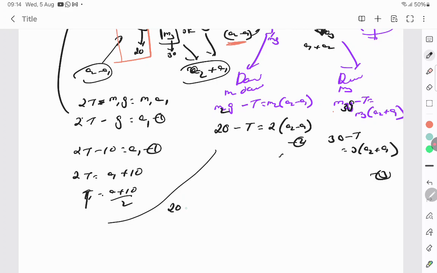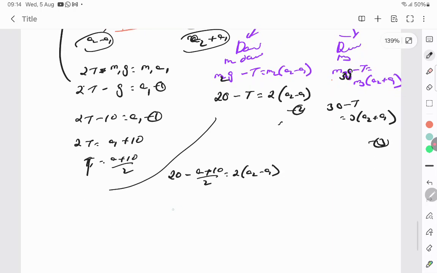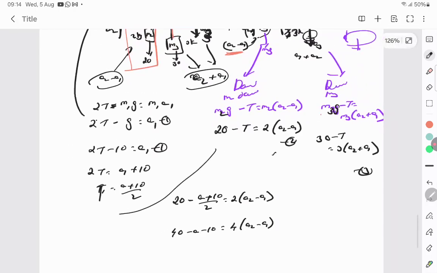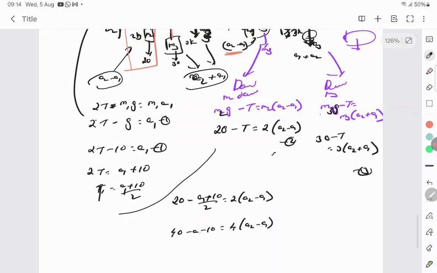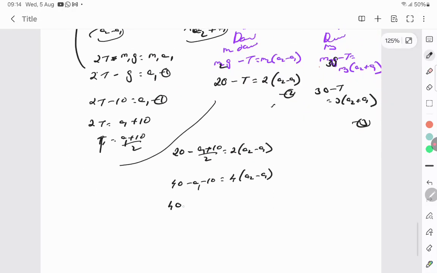So 20 minus A1 plus 10 by 2 is equal to 2 into A2 minus A1. When you take LCM, it's 40 minus A1 minus 10 is equal to 4 into A2 minus A1. So it's 40 minus 10 is 30 minus A1 is equal to 4A2 minus 4A1.